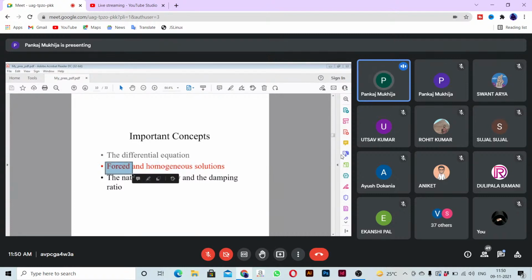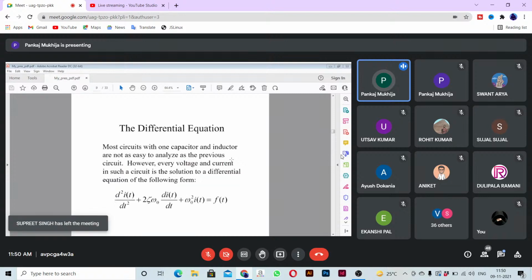This is particular solution. So particular solution क्या होता है? Particular solution will actually depend on what is this f(t). वो f(t) पे डिपेंड करेगा.